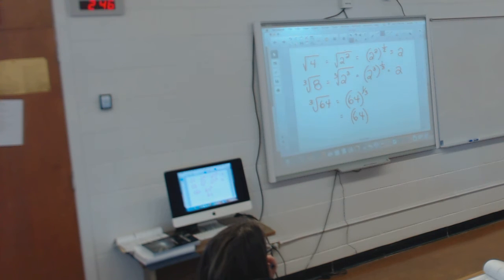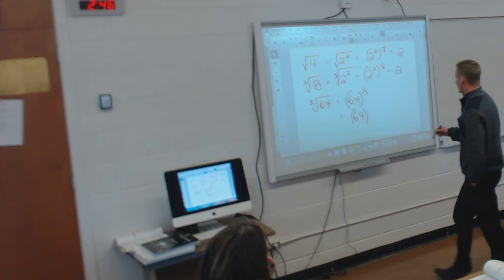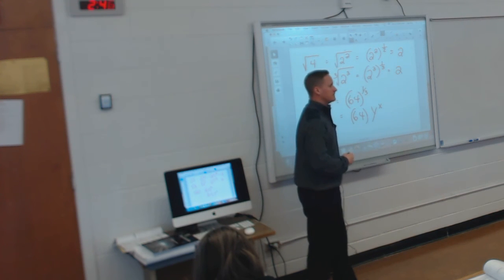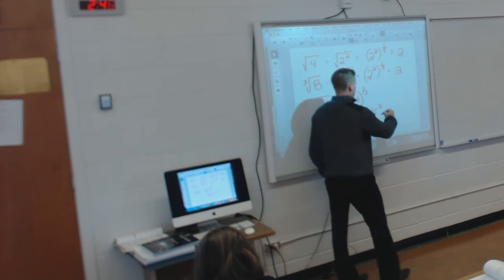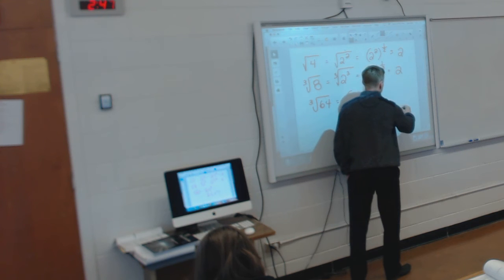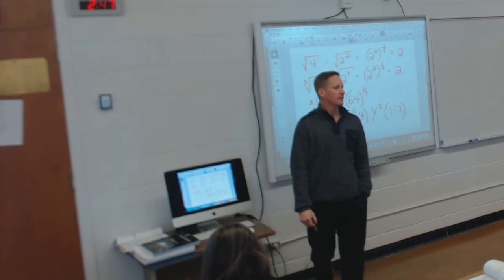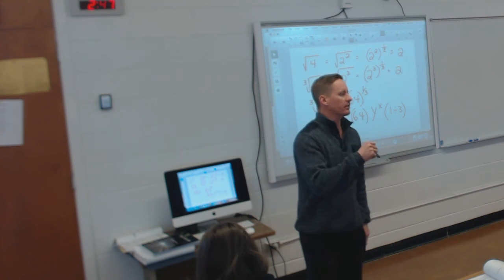So lots of you will have this y to the x button. Then you need to do this, like that. Okay, so now punch it into your calculator, make sure you get 4.